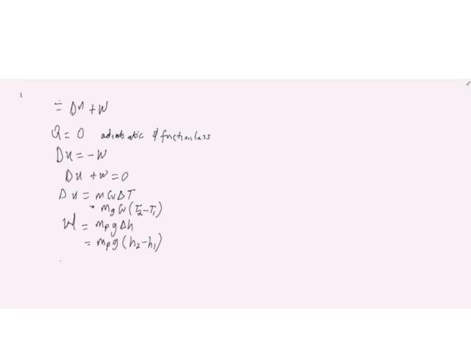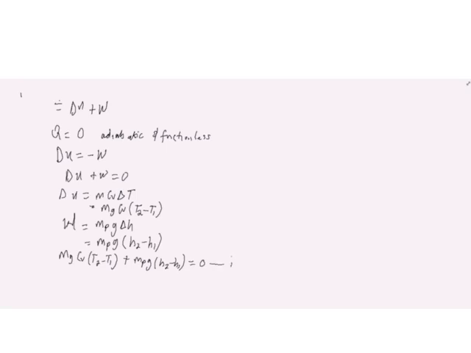Therefore, putting everything in the formula, we have the mass of the gas multiplied by specific heat capacity at constant volume into T2 minus T1, plus the mass of the piston multiplied by acceleration due to gravity into h2 minus h1, and everything is equal to 0.